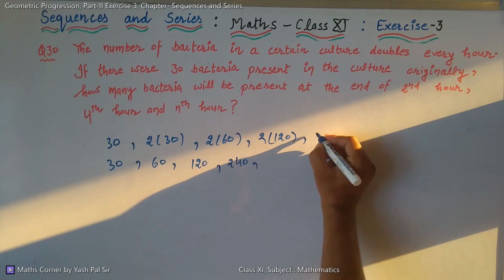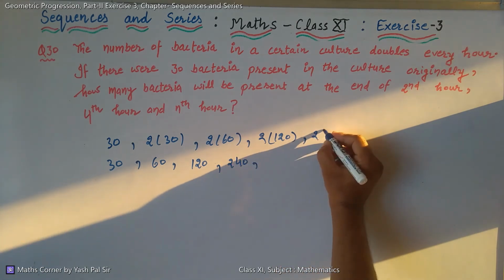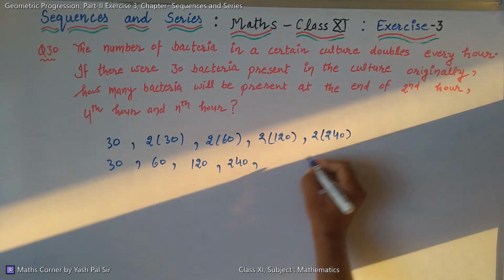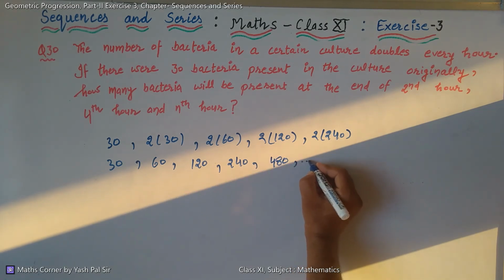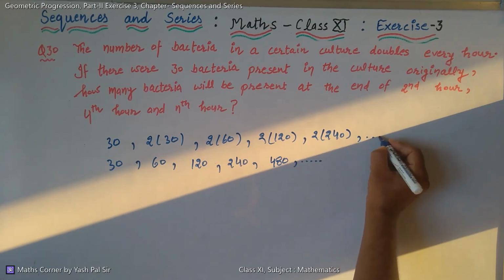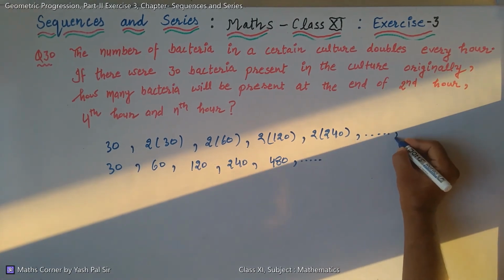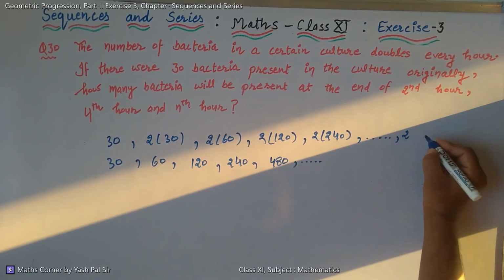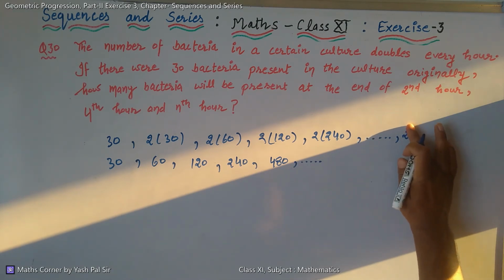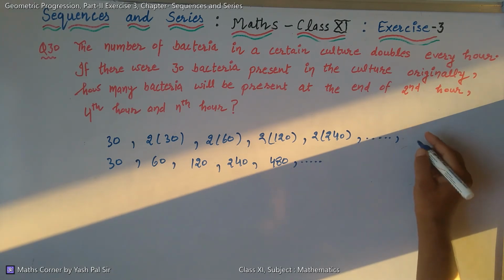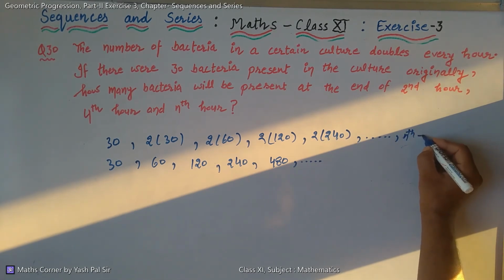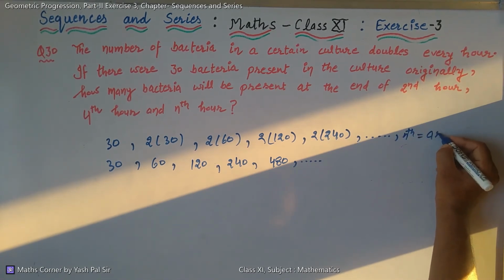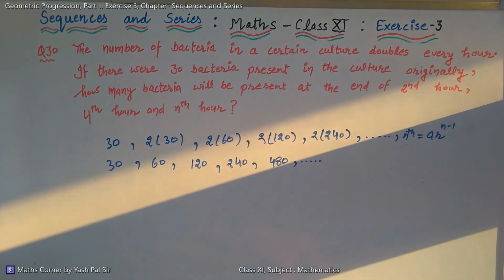Again, next term is double of 240. So this becomes 480 and so on. Nth term is equal to a r raised to power n minus 1.